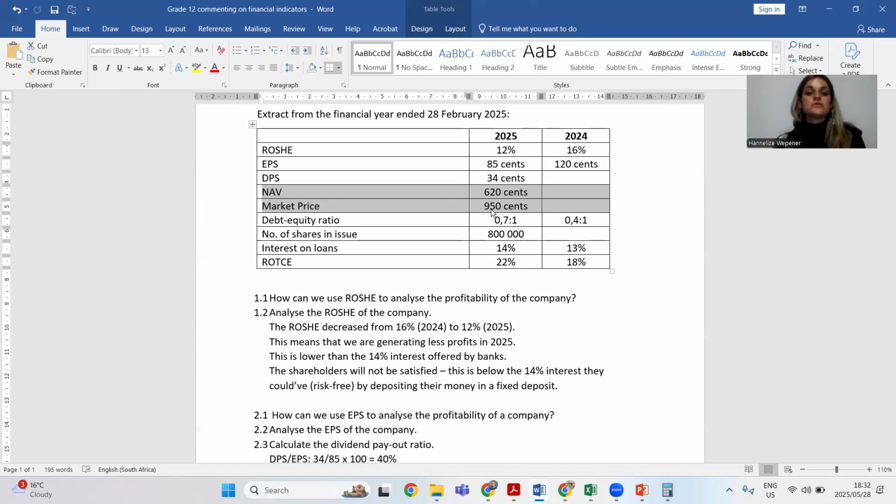Or is it just that you are a startup company? Maybe you only started trading in 2024 and now you are still building on whatever the operations is that you have been doing, building on that process, improving that process, and people out there can see this. Therefore, they actually do believe that hopefully sometime soon your returns will increase by a lot, and that's why they feel your shares should be valued at 950 cents each.